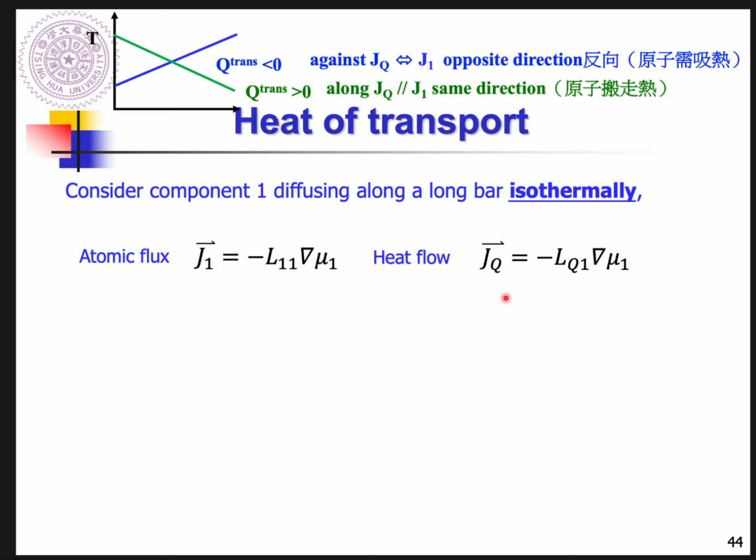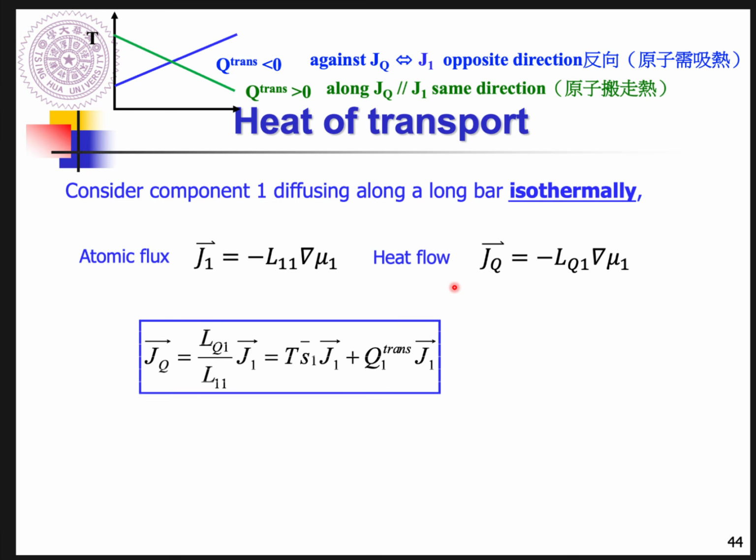So based on the atomic flux and heat flow, you can link the heat flux in terms of the atomic flux. Before we talk about this, I try to use this heat flux to interpret where it comes from.